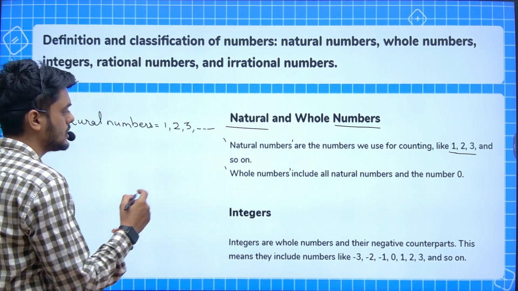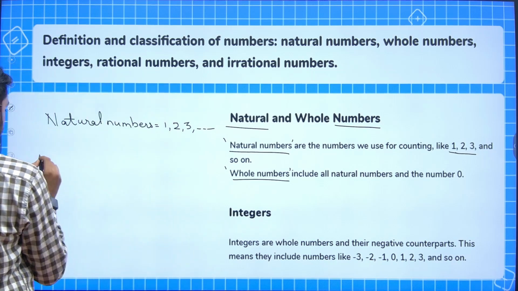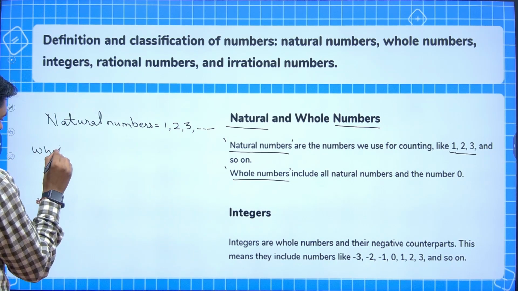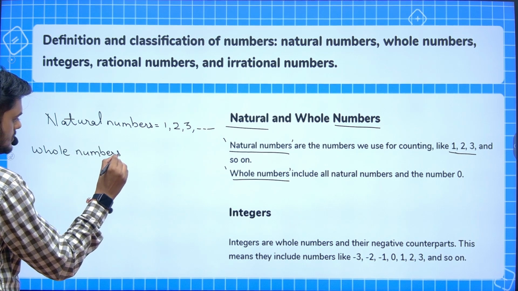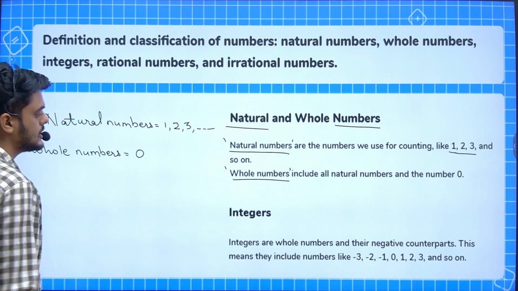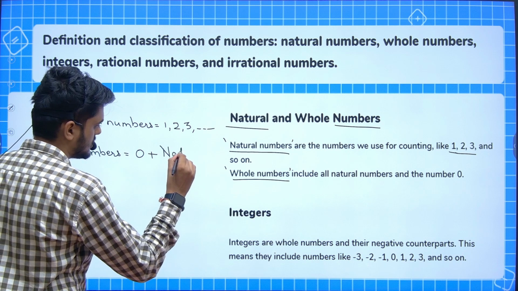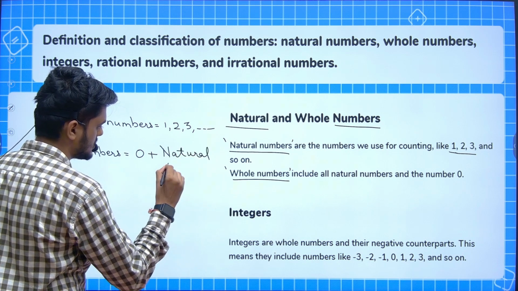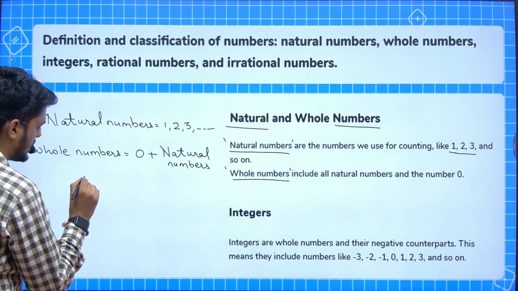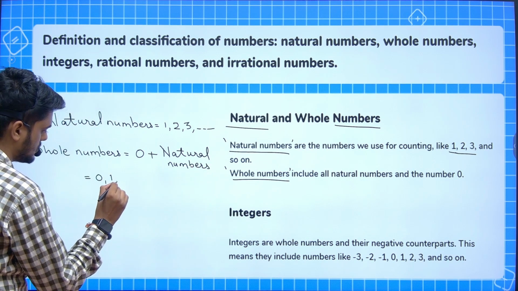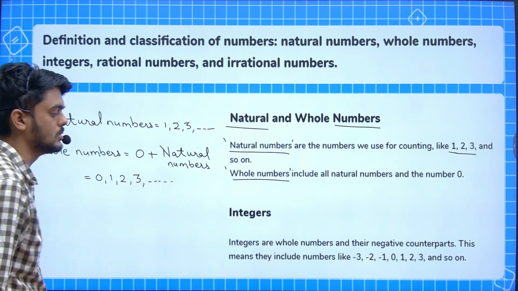Likewise, you are going to see in whole numbers, we add 0 with the set of all natural numbers. So it can be written as 0, 1, 2, 3 and so on.